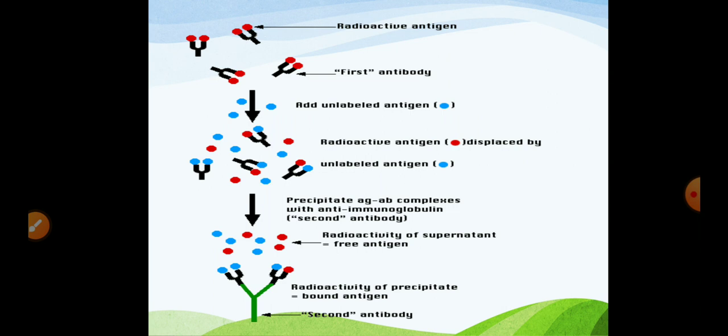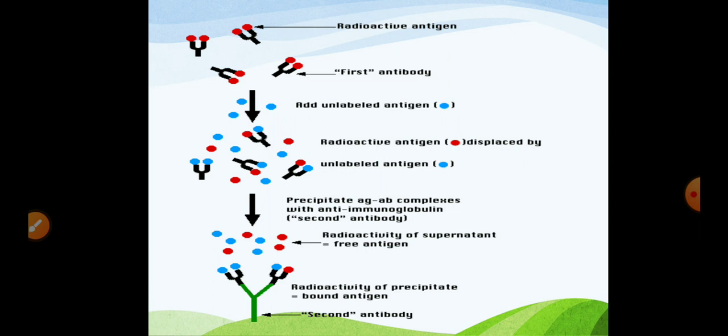After adding the unlabeled antigens, the radioactive antigen is displaced by unlabeled antigens. Then the antigen antibody complex is precipitated with anti-immunoglobulin, like a secondary antibody.